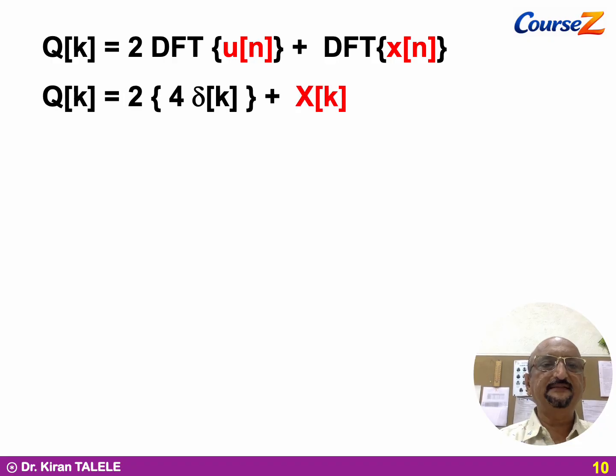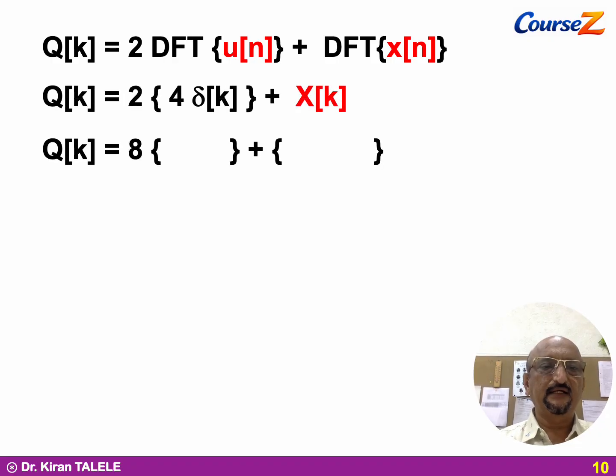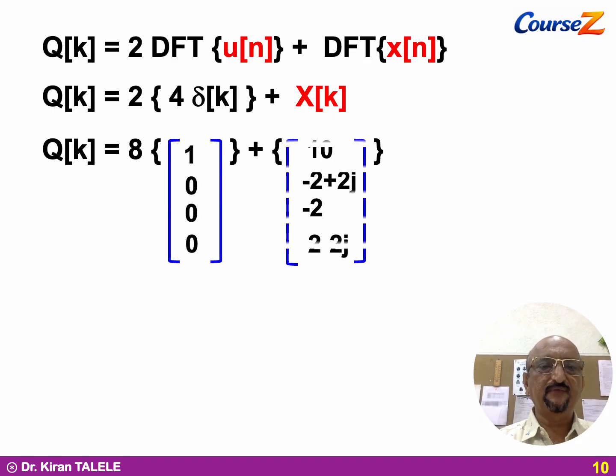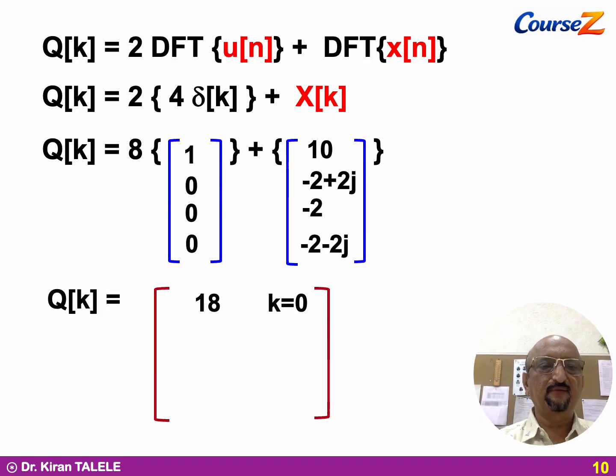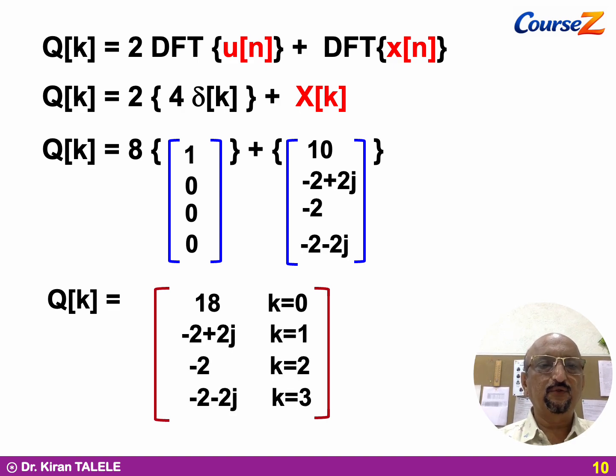For the 4-point sequence u of n, DFT is 4 into delta k. 4 into delta k means 4, 0, 0, 0, and X of k we have already calculated. Addition of this, by simplifying, we get this answer. 4 into 2, 8, into delta k is this, same as delta n, X of k is this. This is the answer.